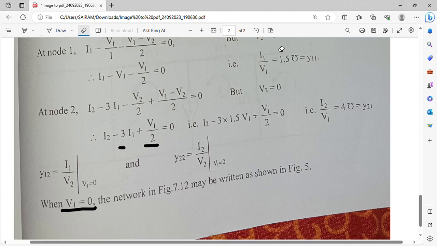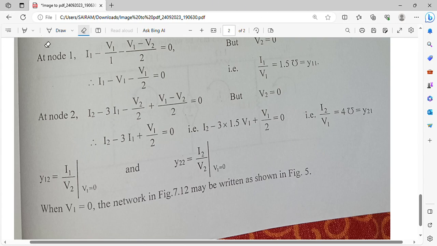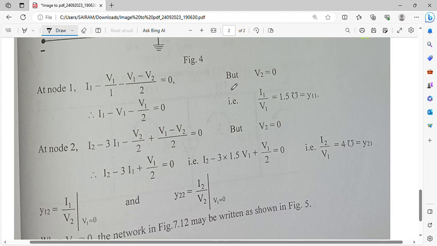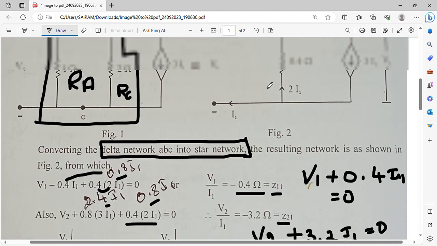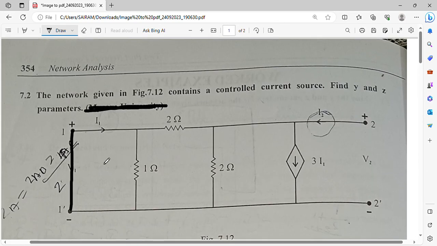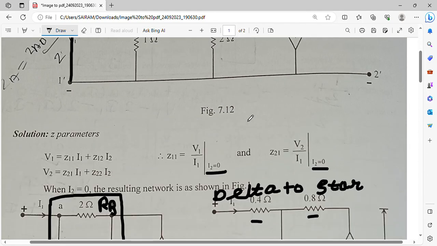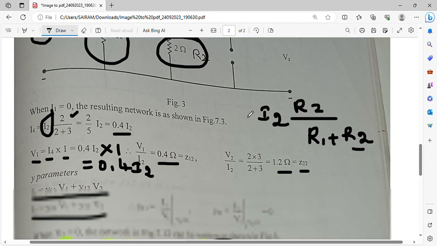You're going to get I1 minus V1 by 2. The same node equation, students, because if you go back to the diagram, the same nodes are present. So there is no change in the node equation. Please make sure that you know that, right?